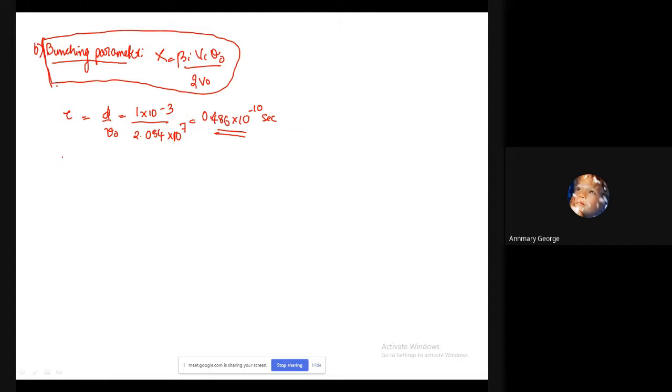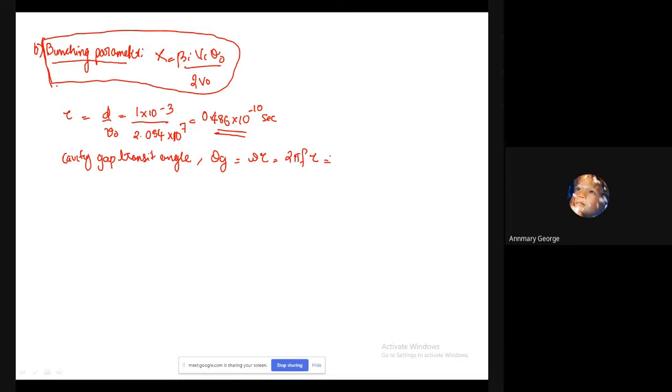Cavity gap transit angle, theta g. Theta g will be omega tau, which can be written as 2 pi f tau.